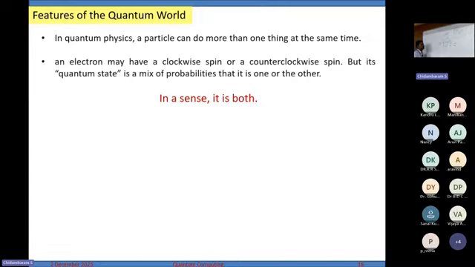Imagine that I have two qubits, x and y. I want to copy the state of this to this. Is it possible or not? It says it is not possible. Why it is not possible, we will discuss.